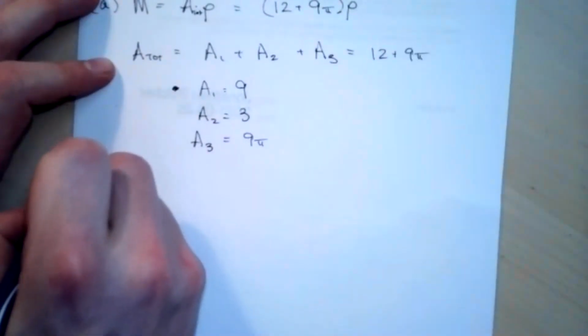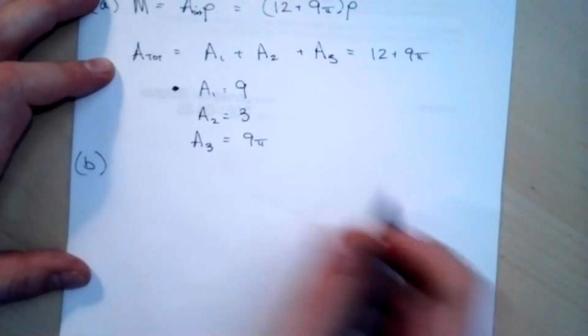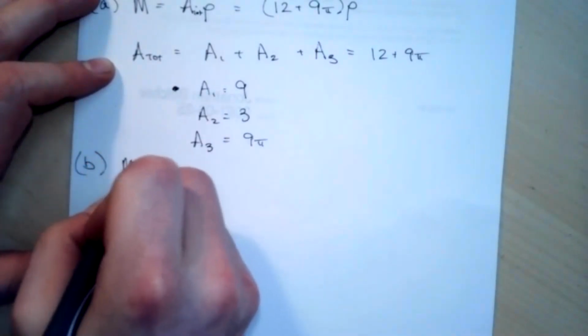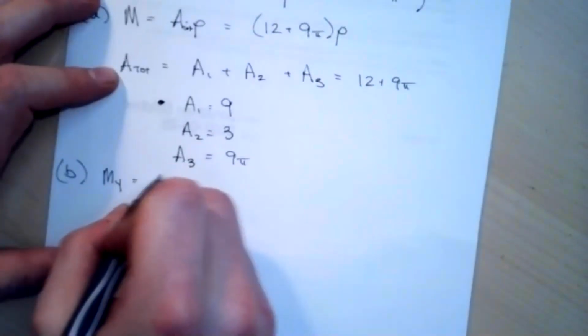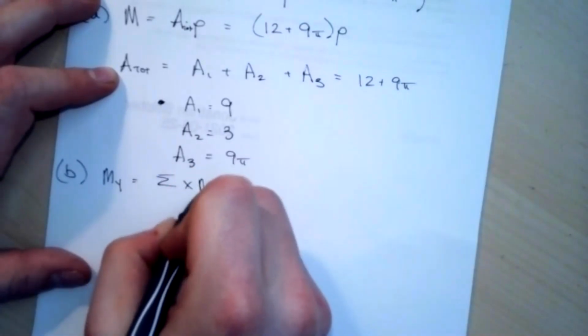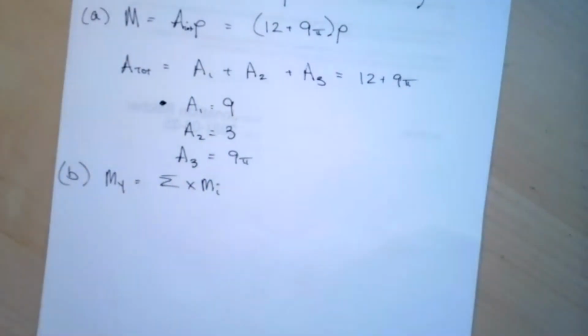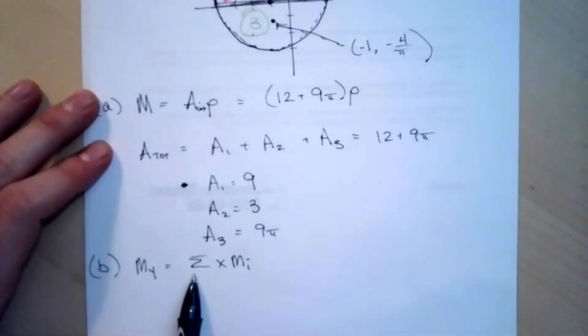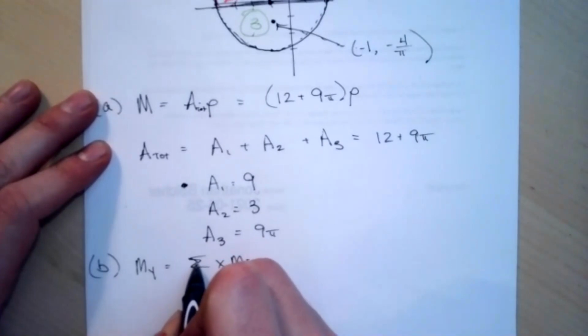Now, when we compute the moments, the moment about the y-axis is the sum of all pieces of individual mass, all pieces of mass weighted by their x coordinate. So we haven't quite gotten to this. This is a sigma.